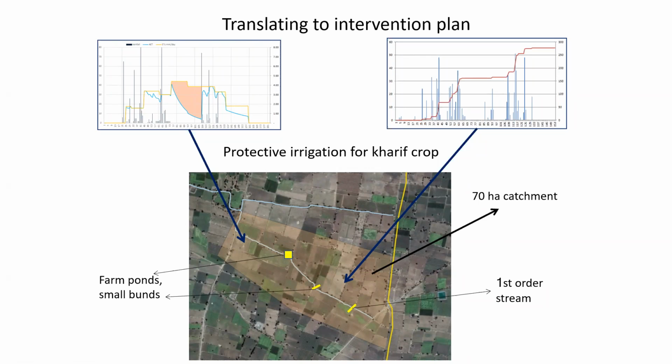We know that just before the dry spell started, the runoff here was around 150 mm. Sorry, 30 mm of rainfall was there. Now if there were farm ponds and small bunds in this region, then those farm ponds and the bandaras would have harvested water during the first good rainfall event before the dry spell, and that water could have been used by the farmers during the dry spell, along with the drip and sprinkler system.